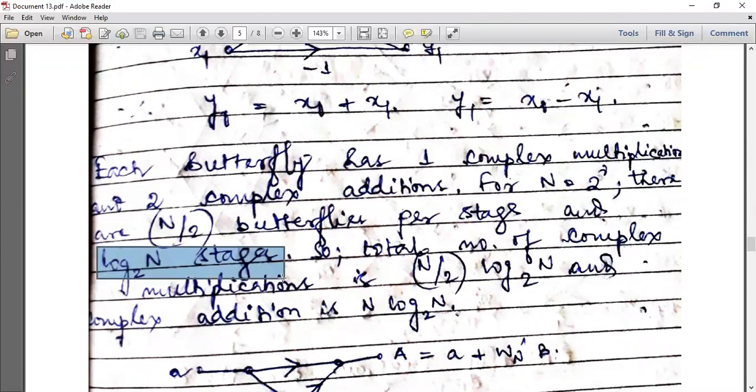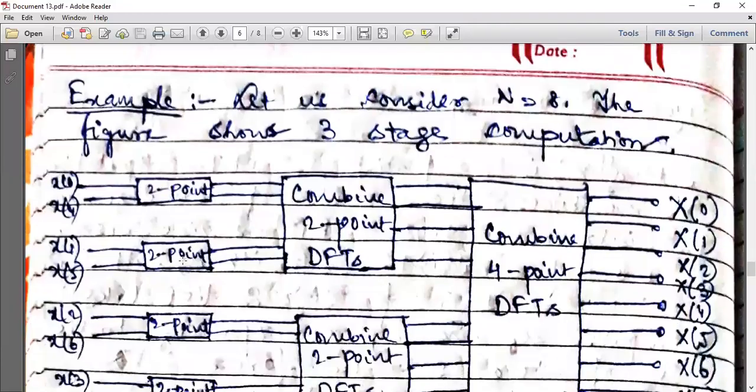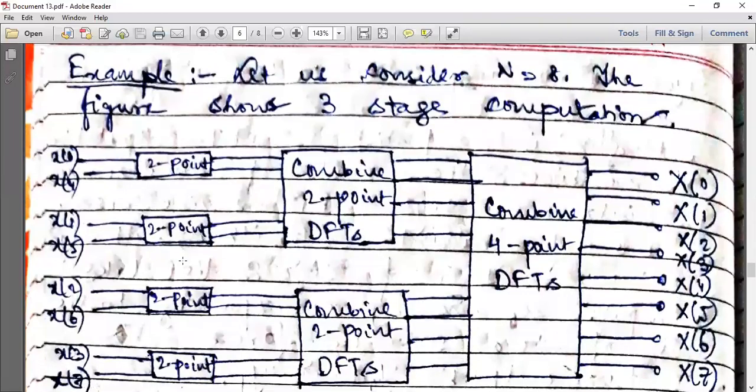So here n equal to 8 in this problem. So it will be log base 2 of 2 to the power 3. So there will be 3 stages. Clear? 3 stages.